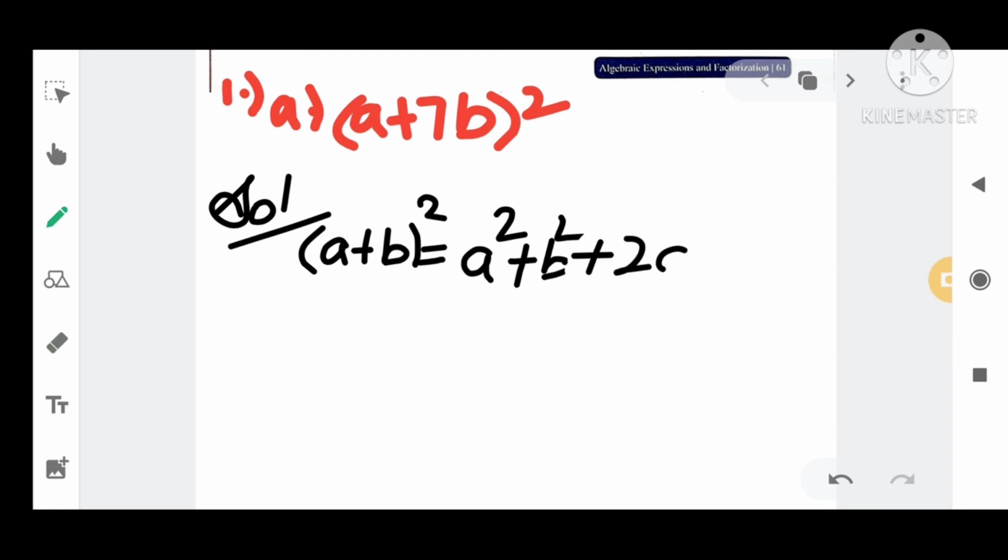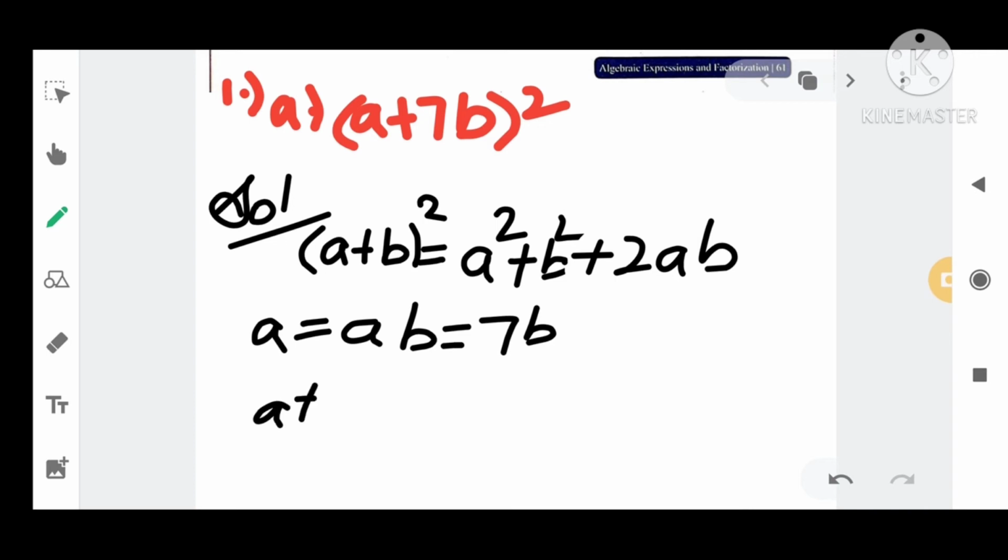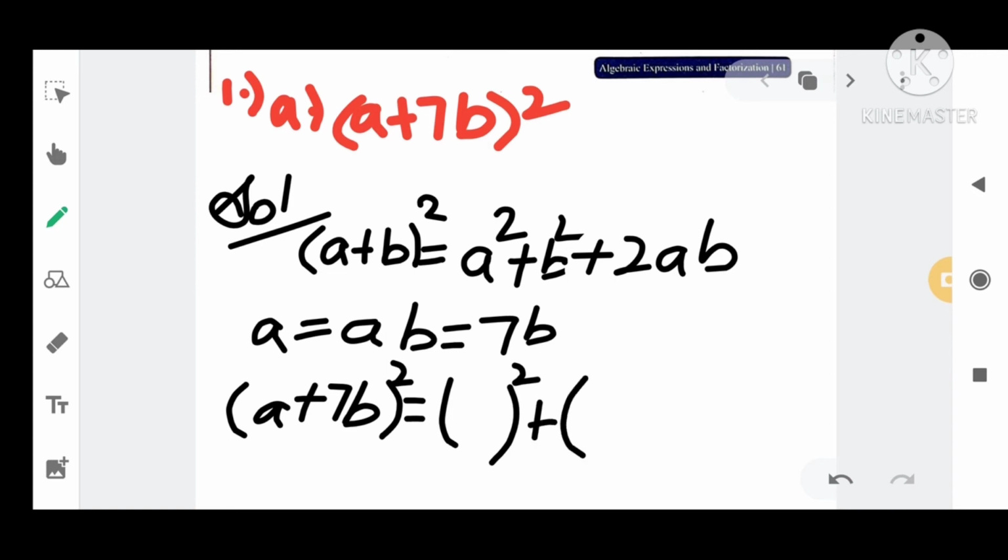Here, what is the value of a and what is the value of b? a is nothing but a only and b is equal to 7b. So a plus 7b the whole square is equal to, I substitute the values of a and b here also, 2 into a into b.